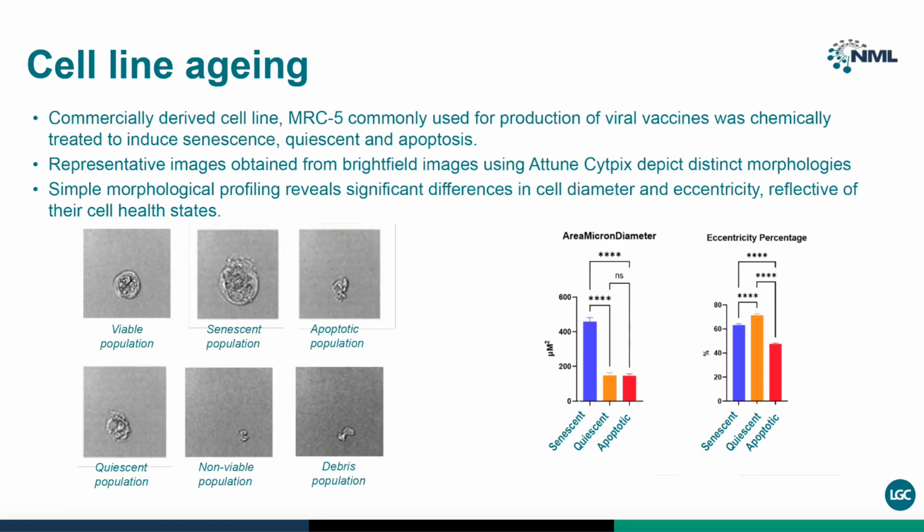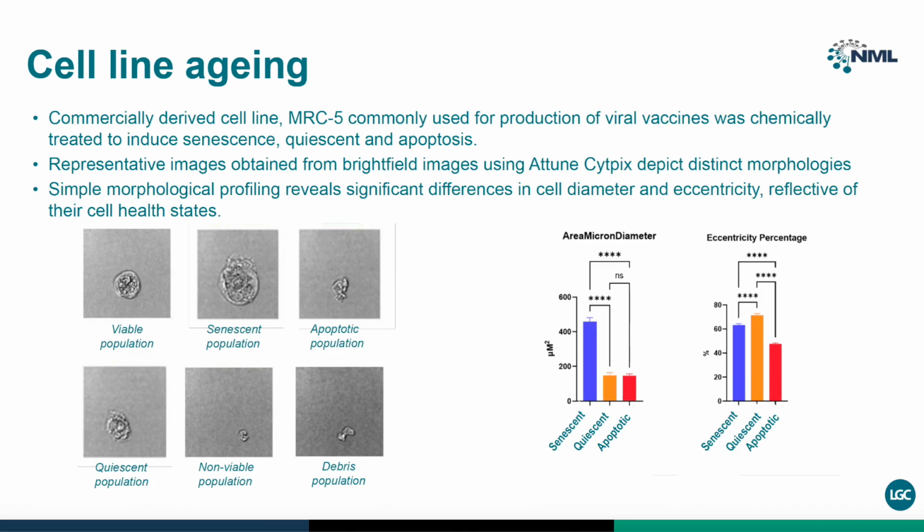So initially, the work that my team and I have done in the past is that we were able to use, again, the commercially derived cell line MRC5, which is commonly used for production of viral vaccines, chemically treated to induce senescence, quiescence, and apoptosis. And these are some of the representative images that we've obtained using bright field images using our Tune site picks.